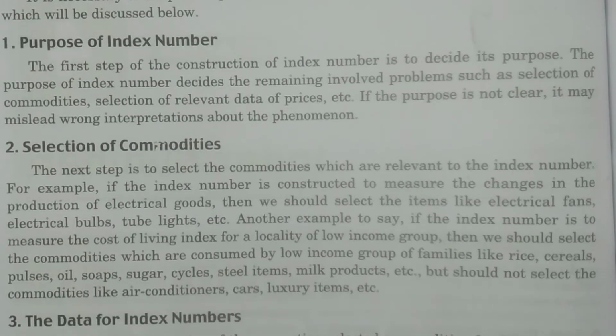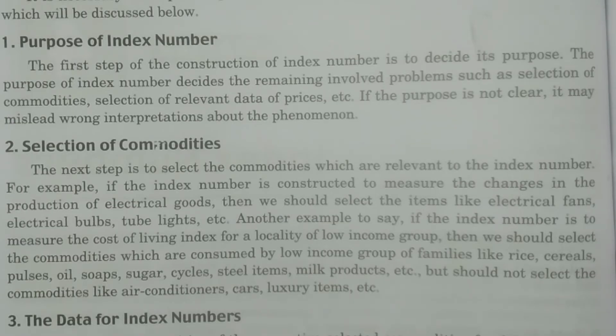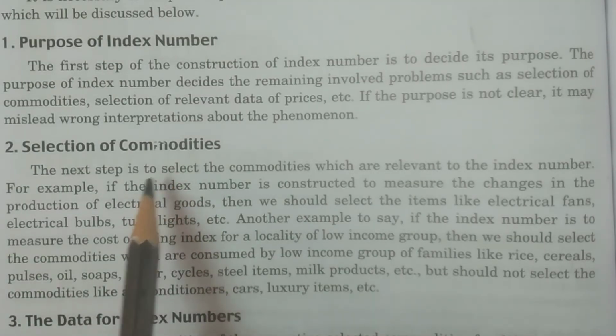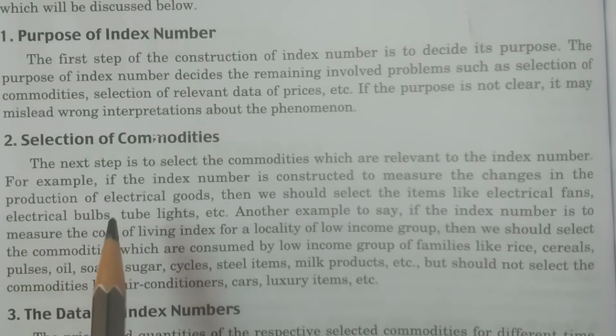We should be very particular about which commodities we use, based on the particular statistical study and the purpose of the index number. If the purpose belongs to low income group people, then we should not select items which are used by high income group people, like air conditioners, cars, luxury items, etc. So selection of commodities is the next important part of the construction of index numbers.